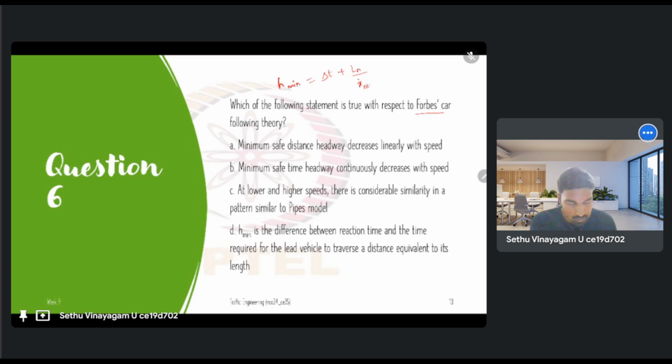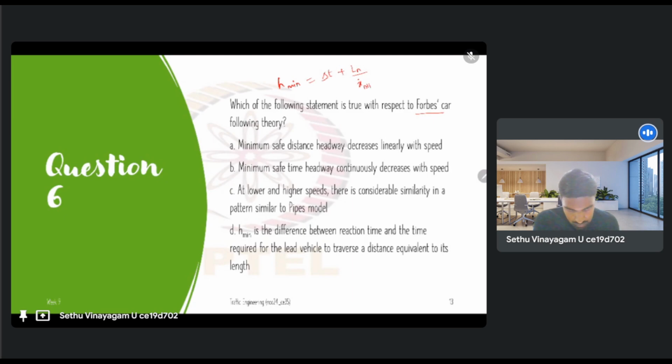The follower is traveling at the speed x dot n plus 1, so it takes ln, which is the length of the car, divided by the speed, that is the time taken to cover one car length. That is added to the reaction time. So that is the minimum required time headway in the car following behavior. That's the Forbes theory.